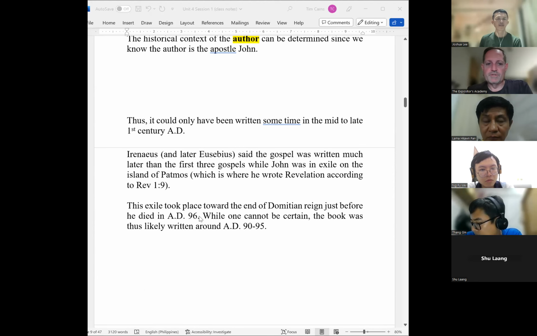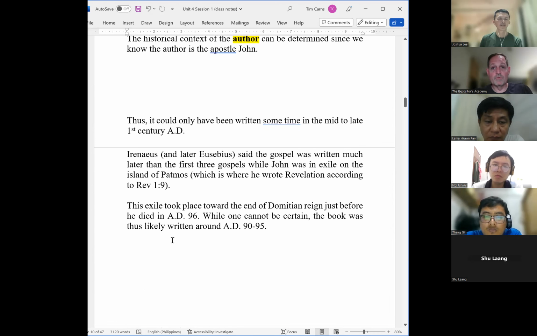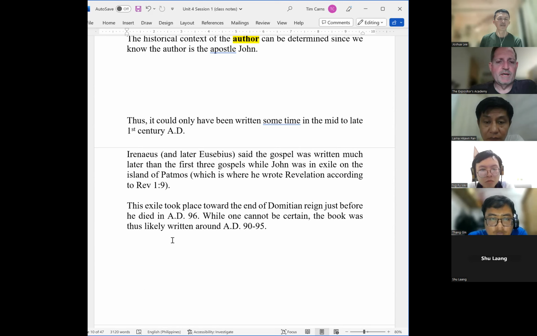According to early church fathers, we have some insight. John wrote the book of Revelation while he was on Patmos, and it's likely he wrote his gospel and his letters not too far from that same time. Irenaeus, again, who was the disciple of Polycarp, who was the disciple of John, said that the Gospel of John was written later than the first 3 Gospels.